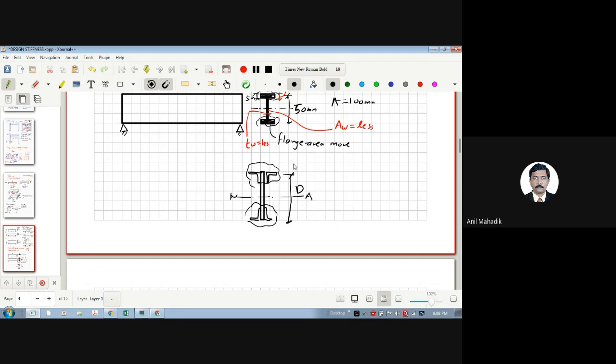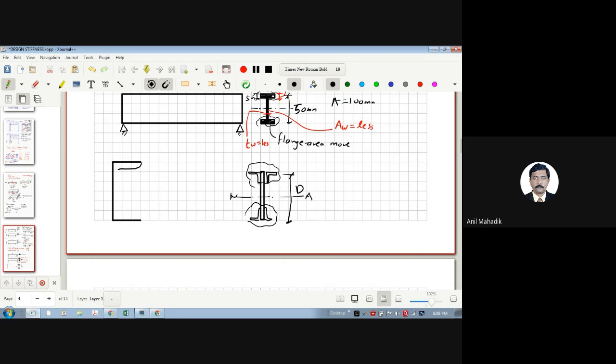Then you have seen channel sections also, haven't you? In the channels also you'll see that the flange area is more.